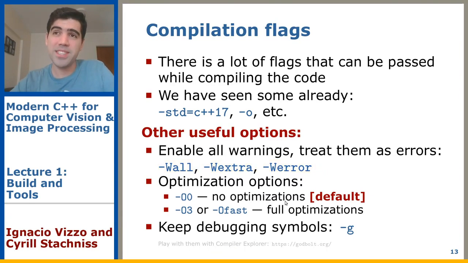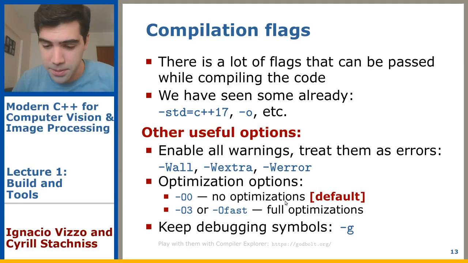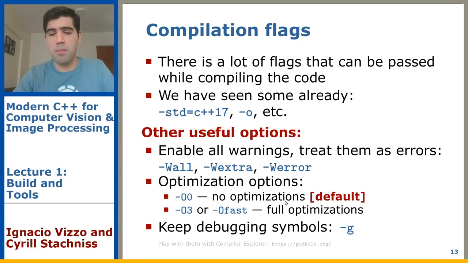The optimizer basically is one of the most important things in the compiler. And a good compiler has a good optimizer, and these are the steps involved that will turn some source code into really optimal and fast code.